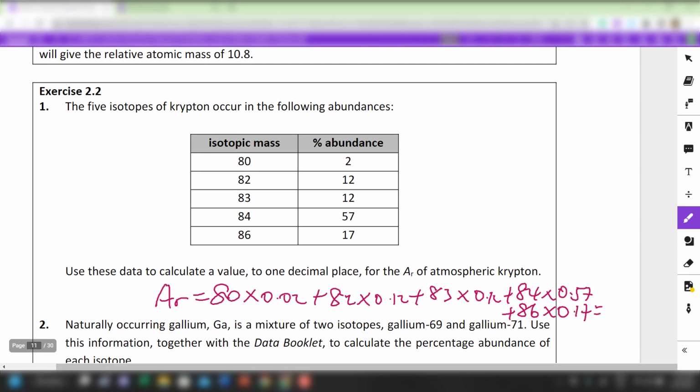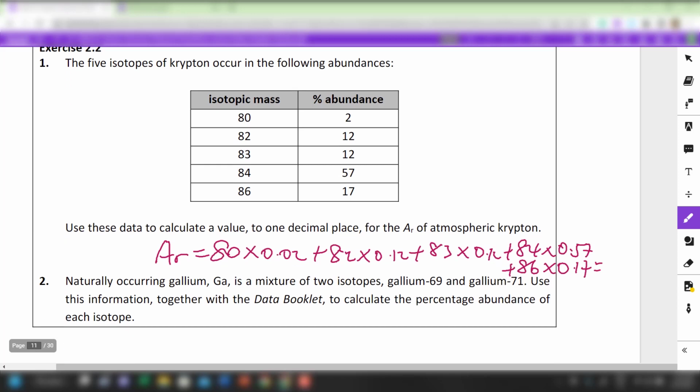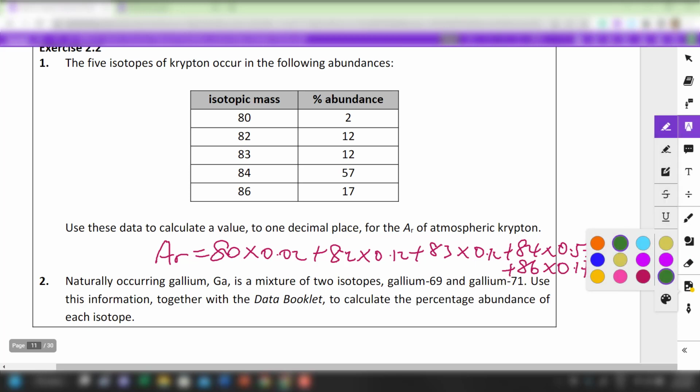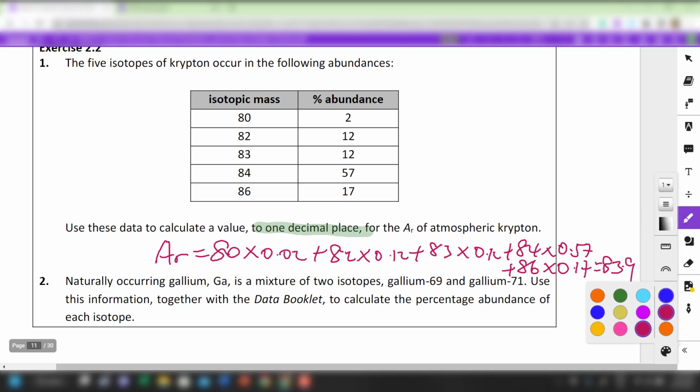Let me take my calculator out. You should get 83.9. So that's the Ar to 1 dp. Do make sure that in the case of assessment, you read the question carefully, because we will ask you to write out the number to a specific decimal place or a specific number of significant figures.